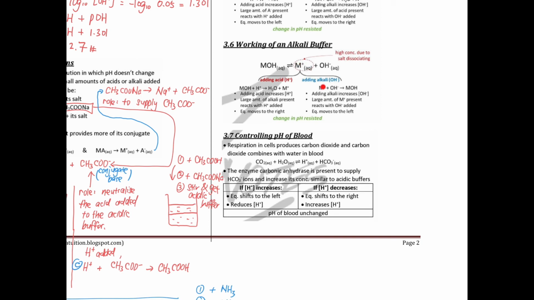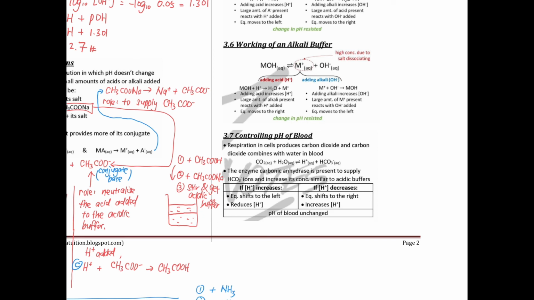The conjugate acid neutralizes the alkaline added, then they form salt. MOH, the positive ion and the negative ion combine. Adding alkali increases the OH minus concentration, and a large amount of conjugate acid is present to react with the OH minus added, and the equilibrium moves to the left to form MOH.